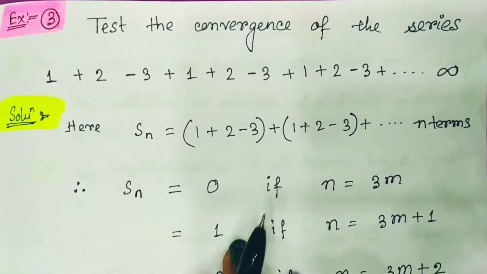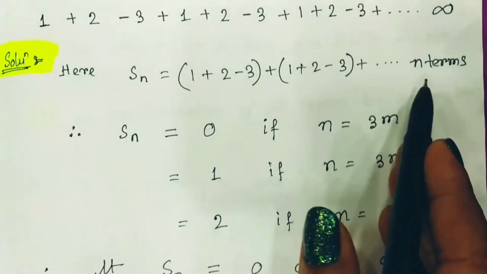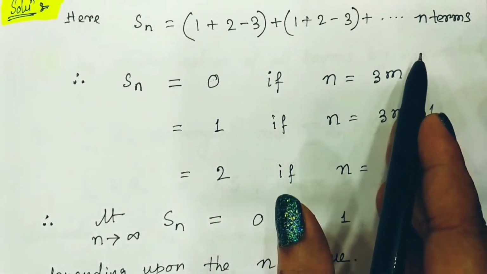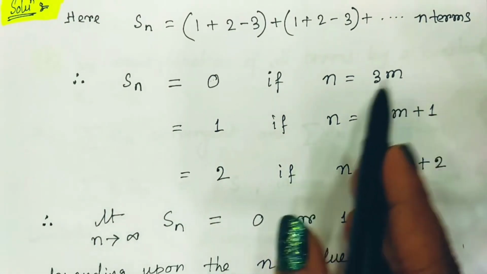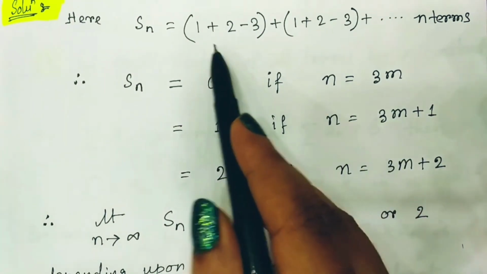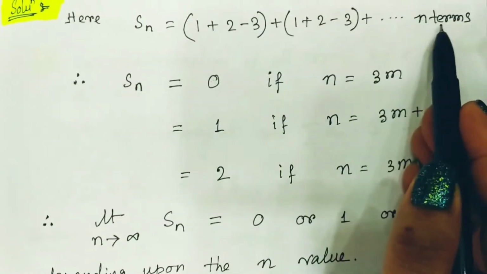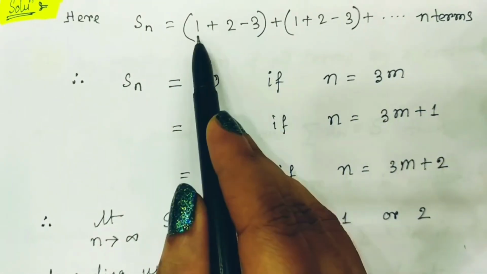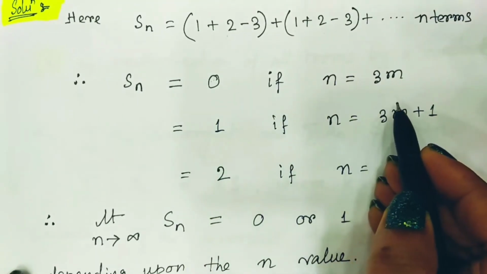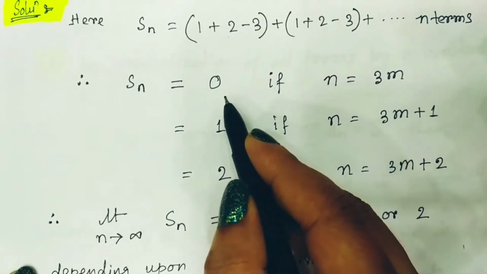Now if we consider the Sn, depending upon the n values it will give us different values. If n is a multiple of 3, then all the terms come in complete groups of three, and in each bracket the summation is 0. So when n is a multiple of 3, the value is 0.